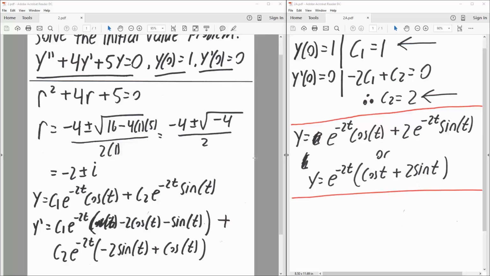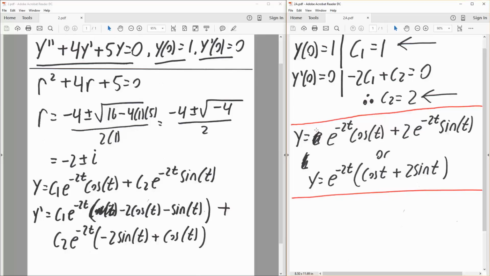Now we simply plug in the values we have: y(0) = 1 and y'(0) = 0. If we plug in 0 for t, sine 0 is 0, so that term is gone. Cosine 0 is 1 and e raised to 0 is 1, so we get c1 = 1.